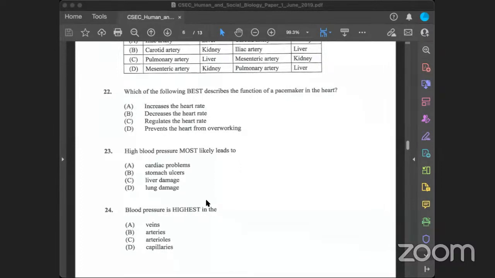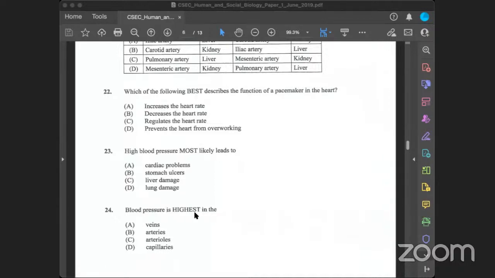Liver damage? No, same thing. Cardiac. Remember, the people who die from diabetes and hypertension, or either of the two, often die because of cardiac issues, heart attack, or cerebrovascular issues, stroke, right? So really, it often leads to the same thing, cardiac problems. So the answer is A.